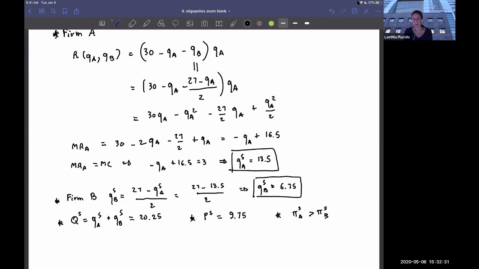In other words, when you have a scenario in which one of the firms can move first, then this firm is going to get a higher profit than the firm that moves second. Okay?